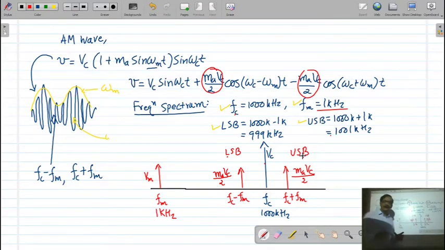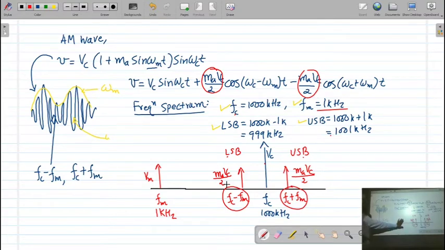Remember, bandwidth in this case means the maximum frequency minus the minimum frequency. So here in the frequency spectrum, the maximum frequency is FC plus FM, and the minimum frequency in a modulated wave is FC minus FM.